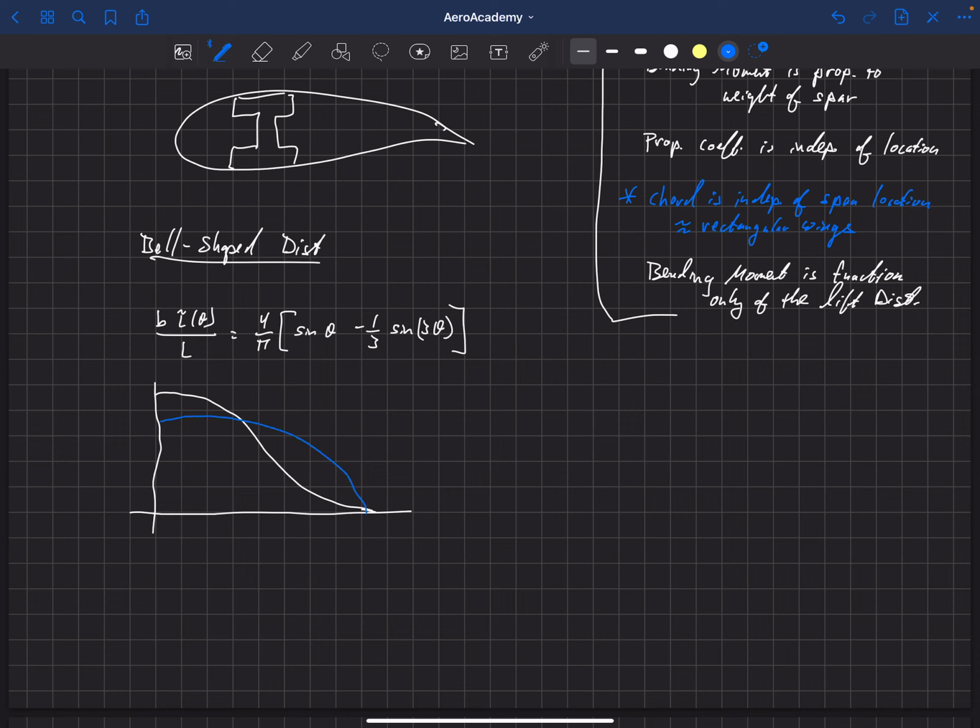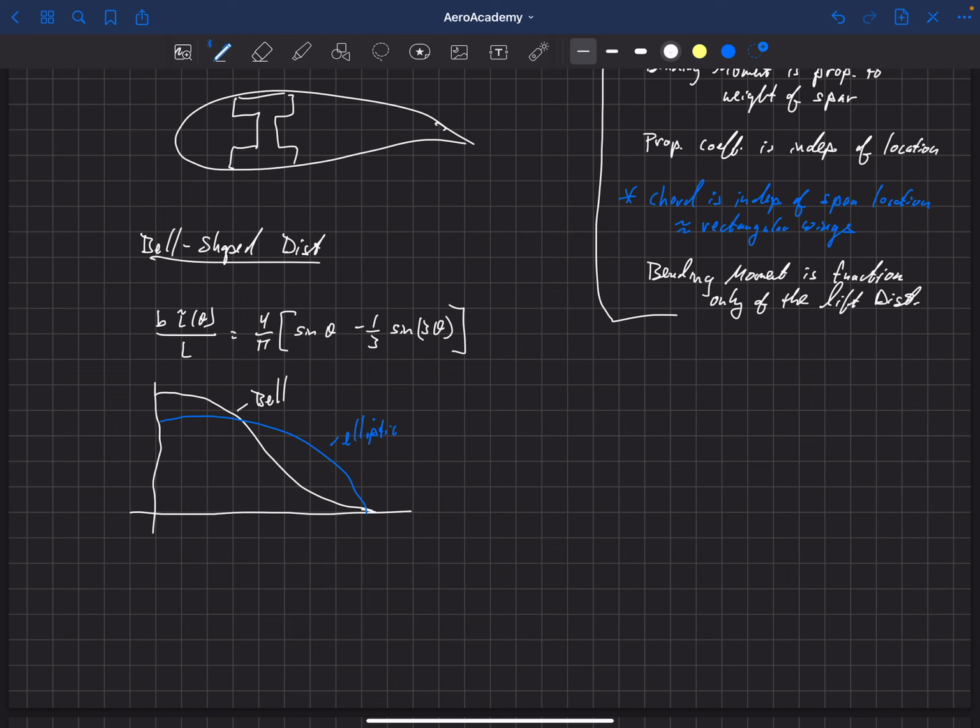So that's the lift distribution he gets out of it. Let's label these quickly: this would be the elliptic, and the other would be the bell. I don't know that he ever called it the bell-shaped lift distribution, but it's a very common term for the lift distribution that he developed.